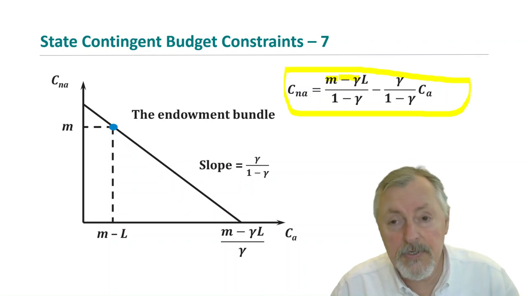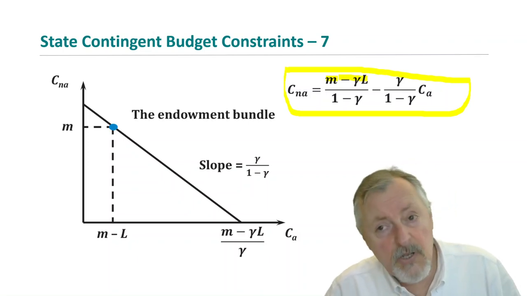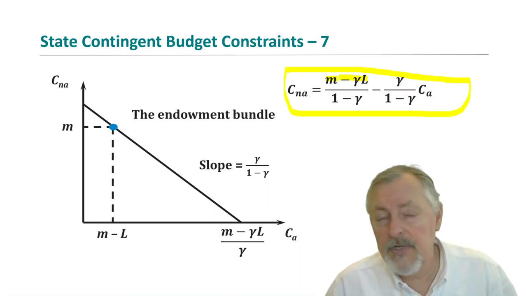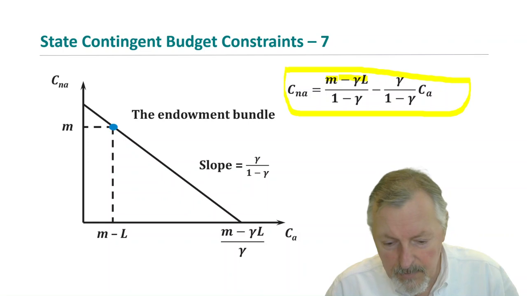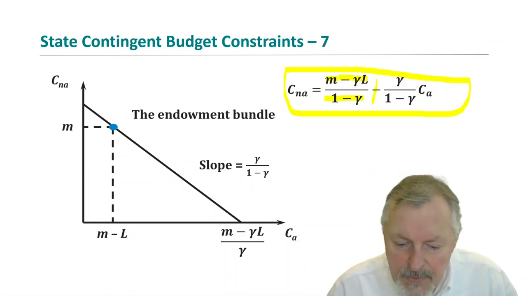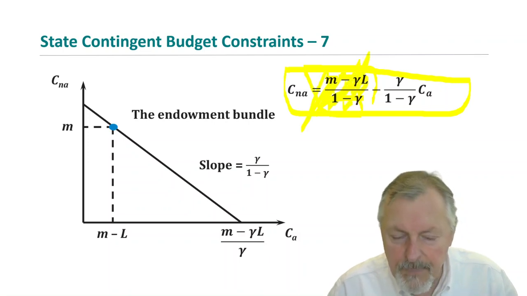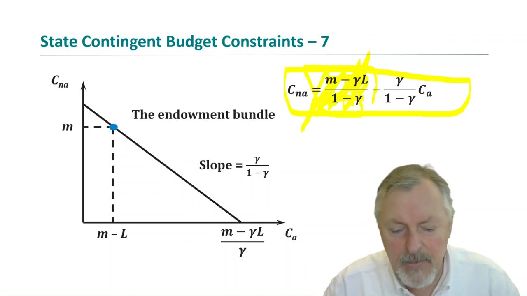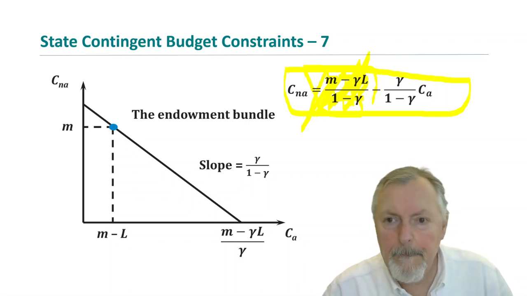That's just what the insurance company tells you. L, that's also a number. If there's an accident, that's how much you're going to lose. Nothing you can do about that. And in the bottom, 1 minus the premium rate. This whole bit here, if you plug in the values, the parameters, all of that collapses down to a number.